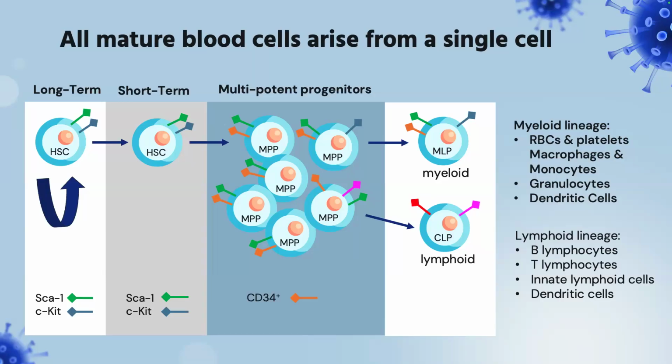Because HSCs and MPPs have not committed to a specific lineage, they are also termed Lin-minus. MPPs that express the surface receptor FLT3 will become destined to become the CLPs, or common lymphoid progenitors. CLPs also express a surface receptor called IL-7R.